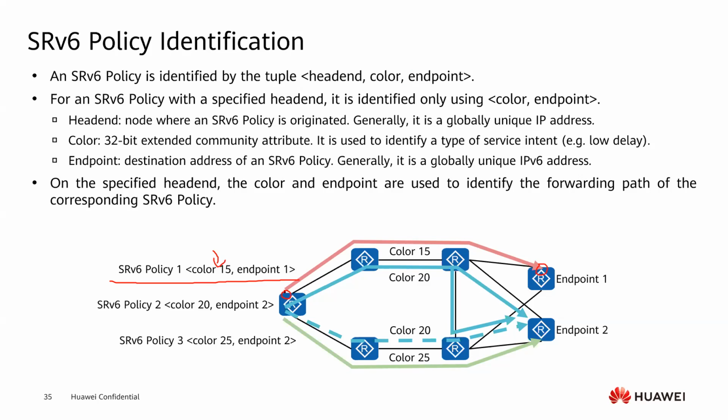For example, here the SRv6 policy color is 15, and maybe there's a policy 2 with color 20 from here, with the endpoint here. And beware that we can have multiple paths, and we can have active and backup paths for a certain policy.